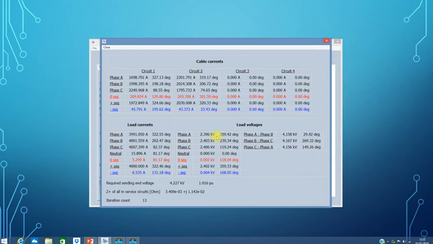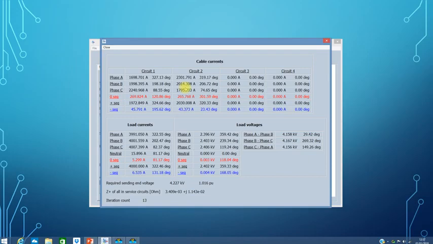So circuits 3 and 4 are out of service, so their currents are all 0. We can see the currents in circuit 1, phase A, B and C, and the currents in circuit 2, phase A, B and C, and clearly these are not balanced.